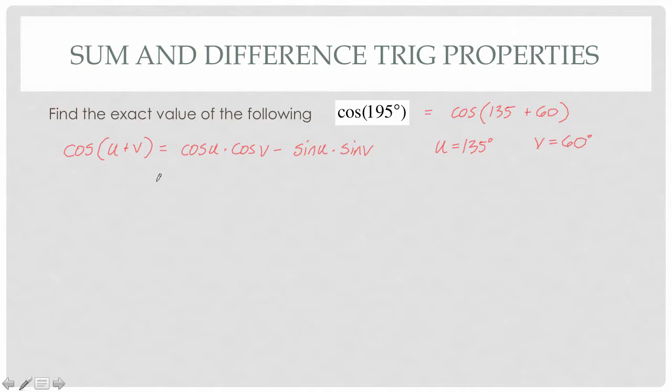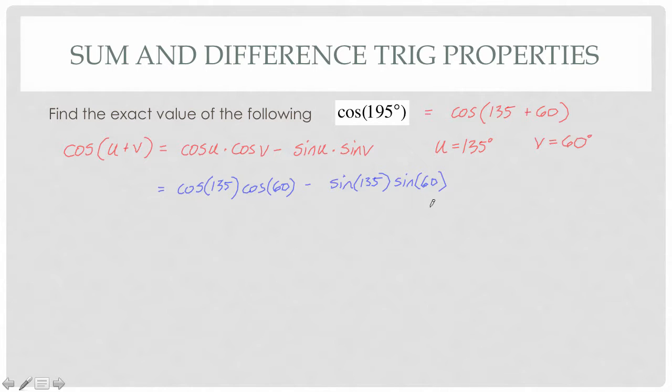So we've got the cosine of u, which is 135, times the cosine of 60, minus the sine of 135 times the sine of 60.